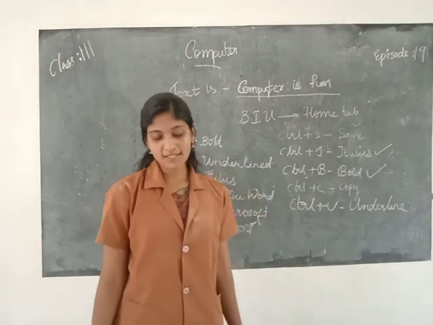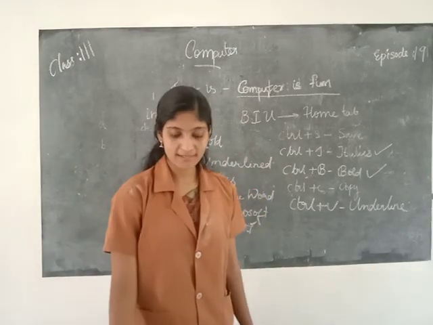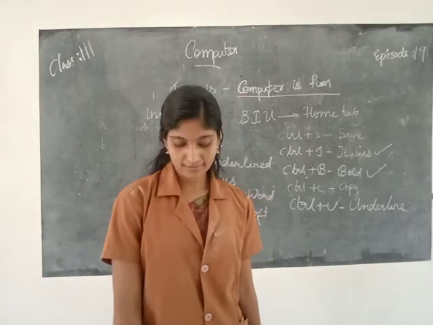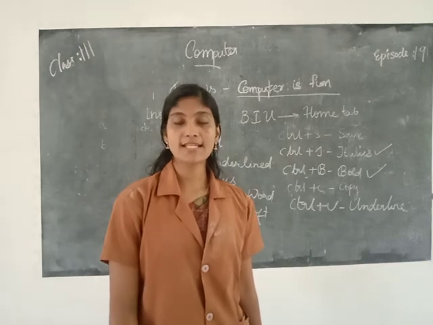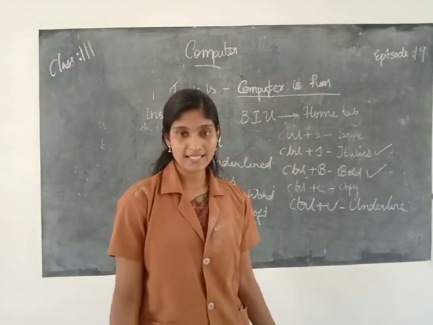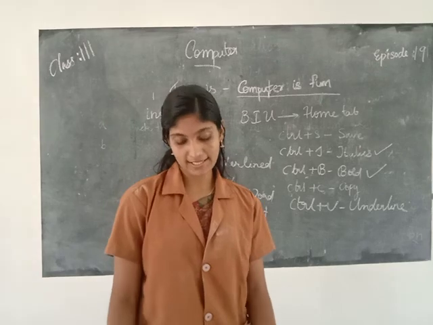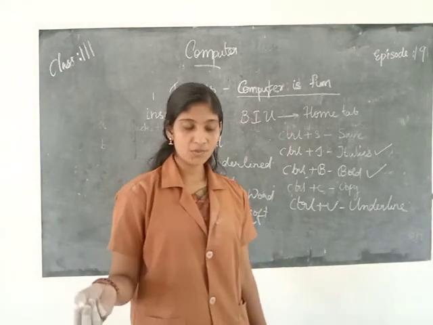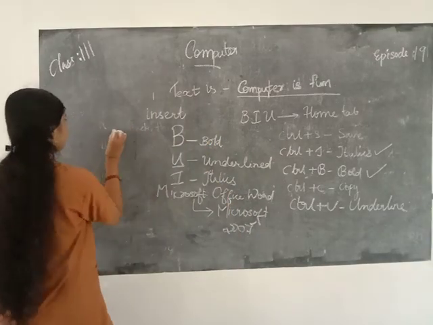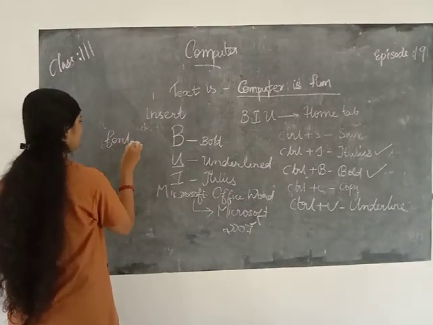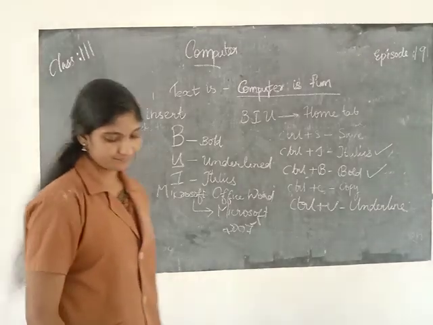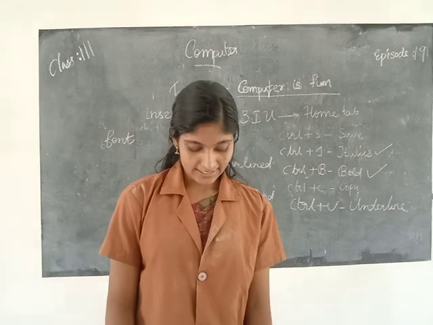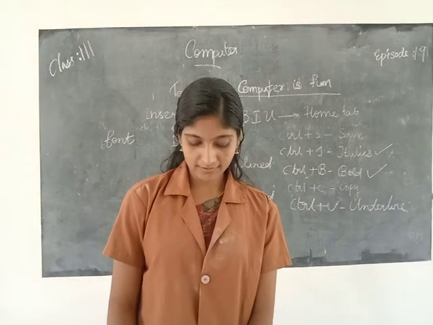Then what is the particular style in which you type the text? Here font is the particular style in which you type the text. F-O-N-T, font. The next is here fifth one, letter A represents which button?